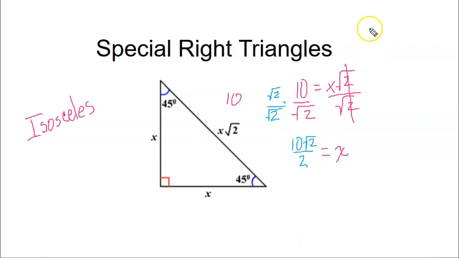So dividing by the square root of 2 is actually the same thing as multiplying by the square root of 2 over 2. And so you can think of that in two ways. Both ways get you the same answer. This way has just already done the rationalizing for you. And we do get lucky here that 10 is divisible by 2. If you do 10 divided by 2, you actually get 5.